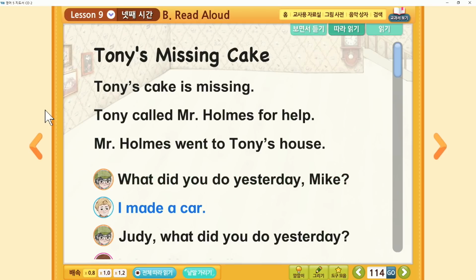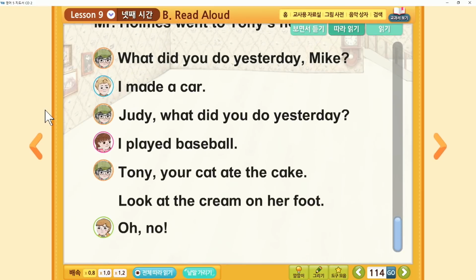I made a car. Judy, what did you do yesterday? I played baseball. Tony, your cat ate the cake. Look at the cream on her foot. Oh no!